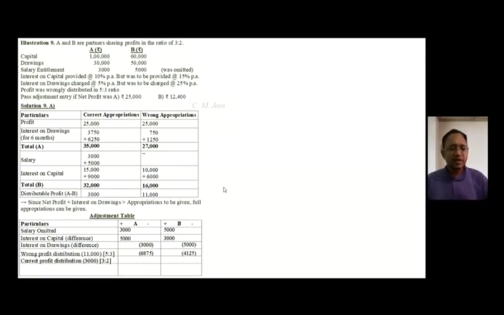So write down correct profit distribution, rupees 3000 in 3:2 ratio. Divide 3000 in 3:2 ratio. 3 upon 5 and 2 upon 5 of 3000 comes to 1800 and 1200. We'll write below plus sign.